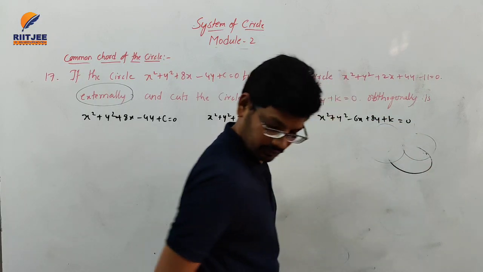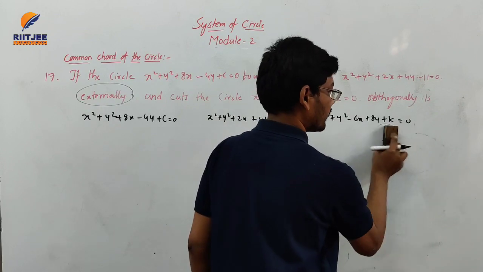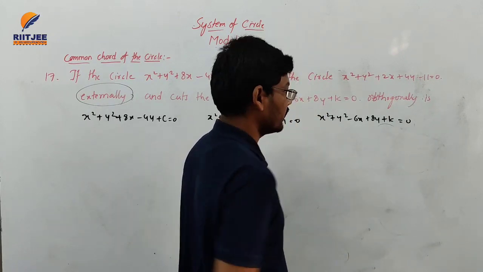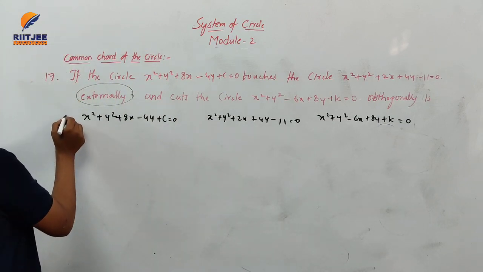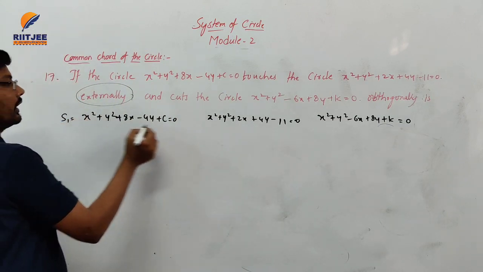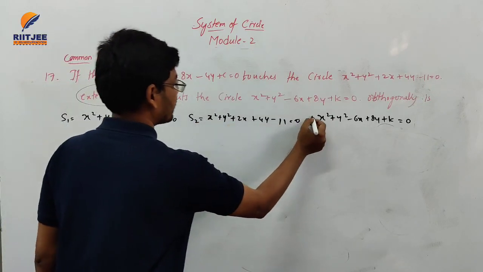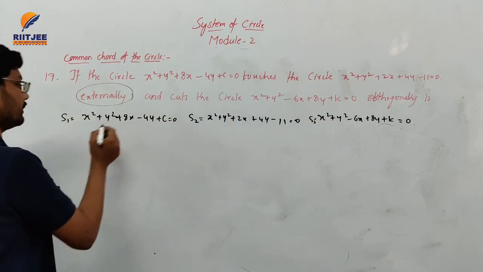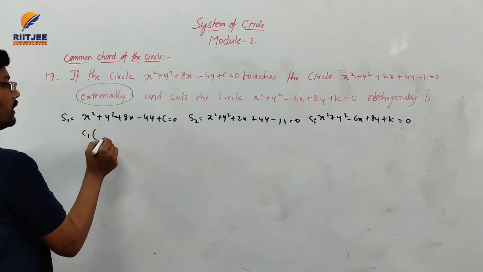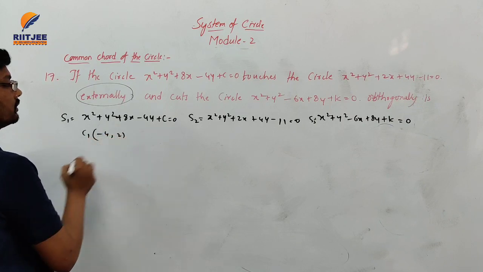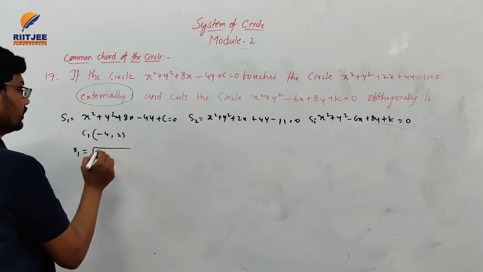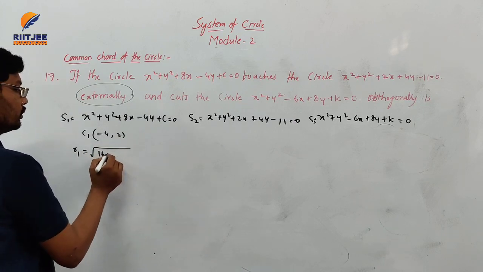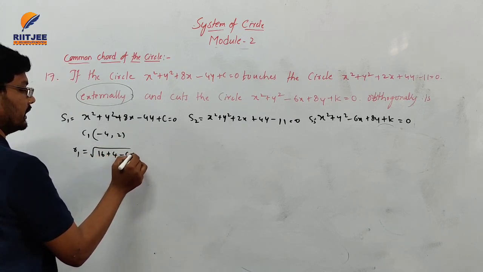This is the rough diagram for this one. I am arranging this, and the circles are S1, S2 and S3. Three circles are there. From this circle, C1 is (-4, 2), and R1 is the square root of 4 square is 16, plus 2 square is 4, minus c.